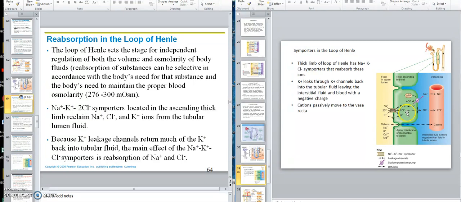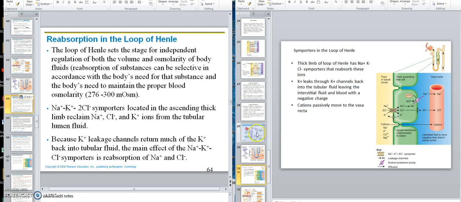Now, potassium will get here, and some will kind of circulate, because we don't know how much potassium we need to bring back. Remember, this is fine tuning. So that's what we're looking at. Now, some sodium potassium just diffuses out by diffusion.